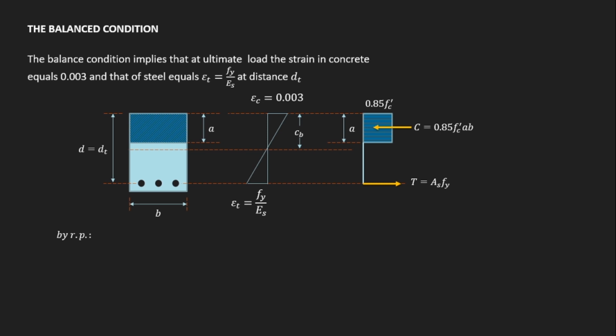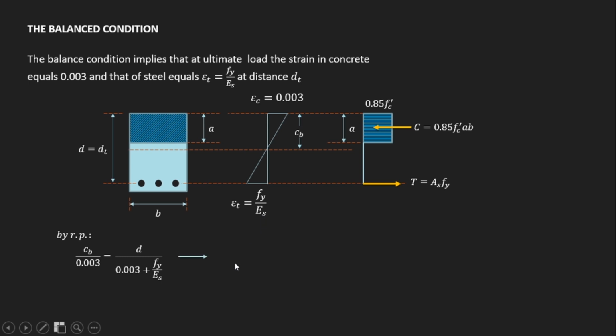So, by ratio proportion, kung titingnan natin itong strain diagram, so we can say that the base over itong height, CB over 0.003 is equal to D, or itong D, ito yung pinaka-total ng height ng triangle. Tapos, yung base niya is yung sum of 0.003 and yung Fy over the modulus of elasticity.